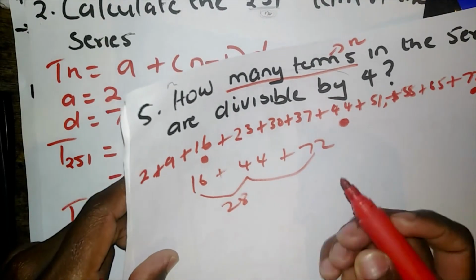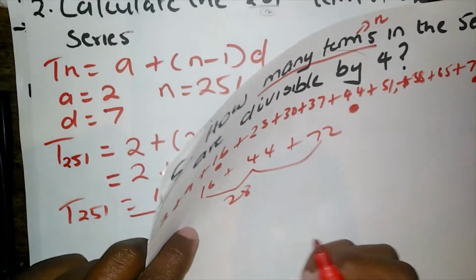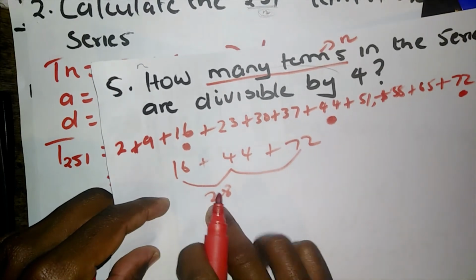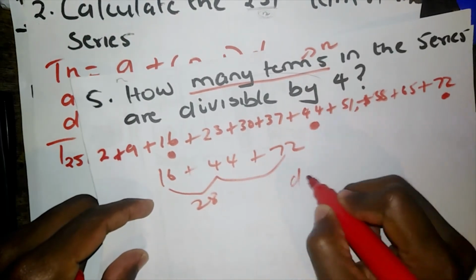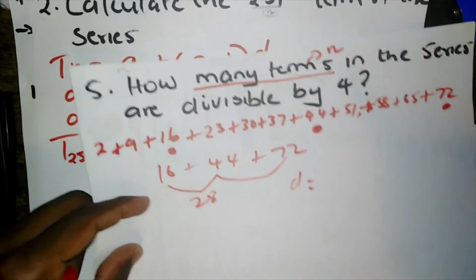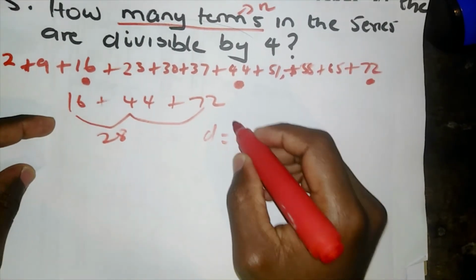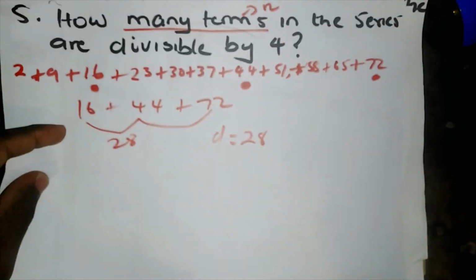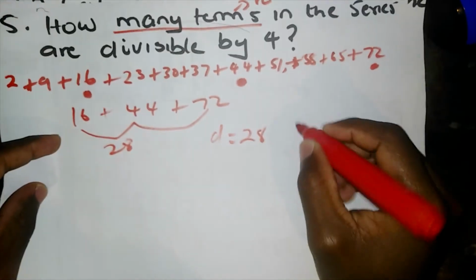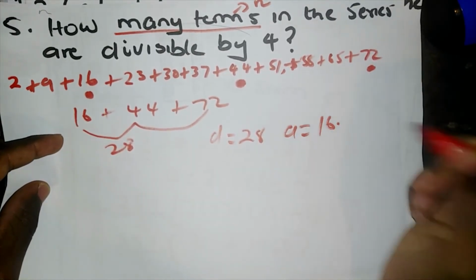Right. So what you need to do here is simple. The difference is equal to 28, the first term a is 16.